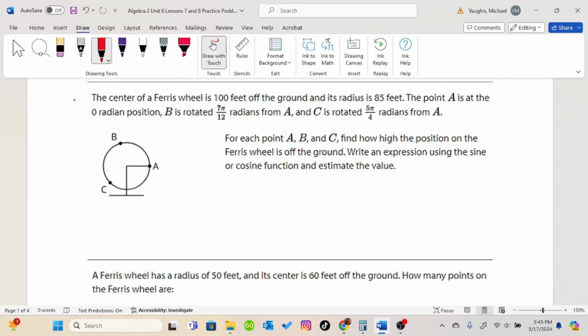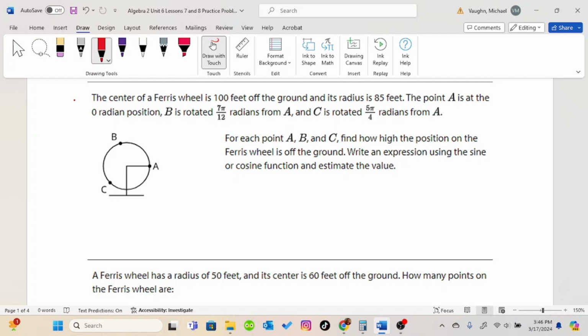B is rotated 7 pi over 12 radians from A, and C is rotated 5 pi over 4 radians from A. For each point A, B, and C, find how high the position is on the Ferris wheel from the ground. Write an expression using the sine or cosine function and estimate the value.